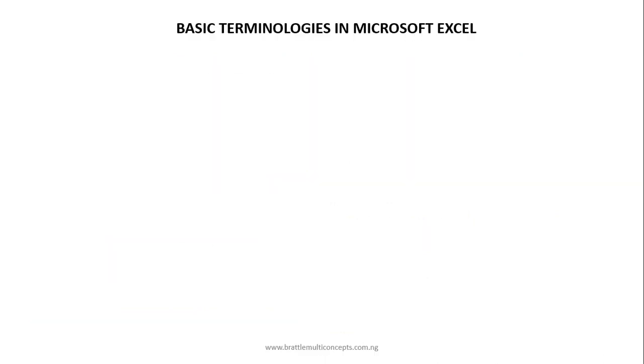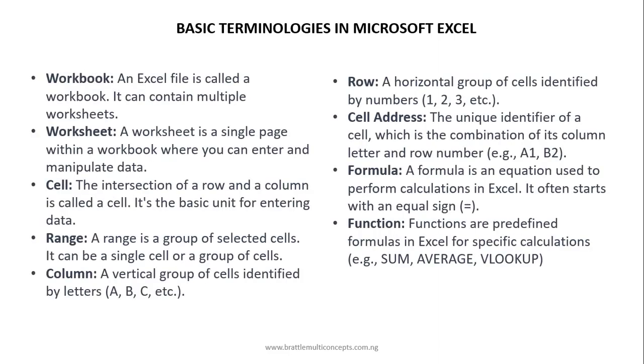We're going to start with basic terminologies in Excel. We talk about workbook. What is a workbook? A workbook is the Excel file you are working on. The Excel file that you are working on is called a workbook.